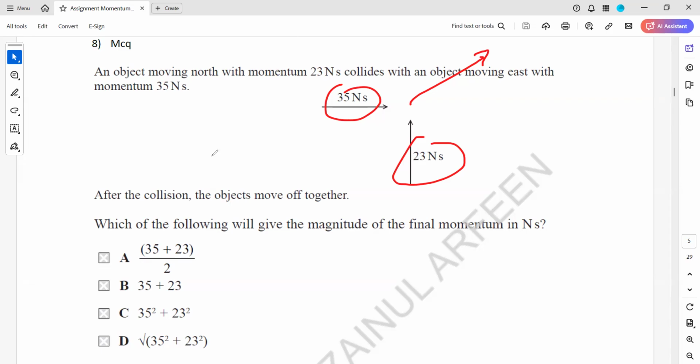So it will be the square root of 35 squared plus 23 squared. So what will be the right answer? The right answer for this one will be D, as the two vectors are perpendicular to each other.